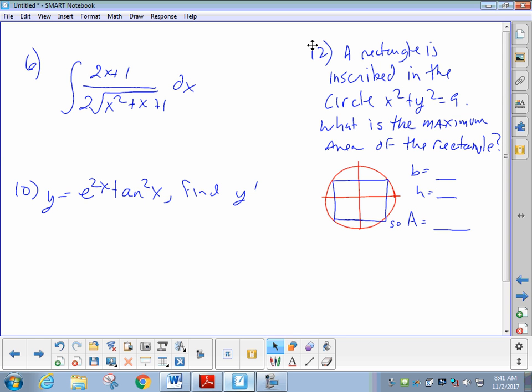And you want to maximize area. So you want to know a prime goes back to me. That's maximum. Well, the problem is that there's an x and y. So we sub in. That's what the circle is, right? You use the circle. So it's just that.